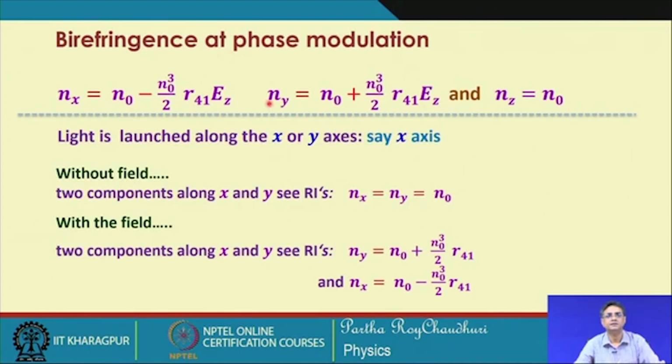Once again, this is the same relation for the same crystal and under the same configuration of the voltage and light propagation. Now, without field, the two components along x and y will see the same refractive index n 0 and there is no birefringence, but when you apply the field, the two components along x and y will see these new refractive indices.